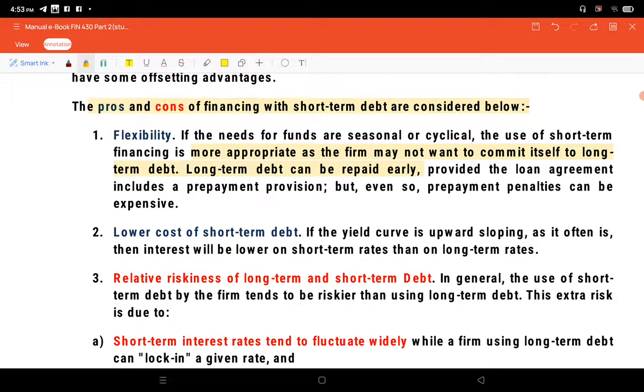Okay, so number two, the lower cost of short term debt gives the opportunity for the company to fund their operations with a lower cost of funding. So normally for short-term debt, the interest cost is lower than the long-term one, right?